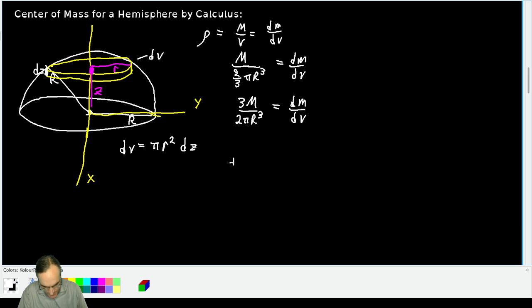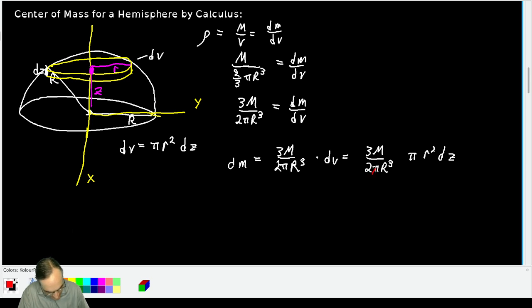All right, so that lets us write dm must be equal to 3M over 2 pi big R cubed times dv, which is going to be 3M over 2 pi big R cubed times pi times little r squared times dz. And we can cancel that pi out. All right, so dm will be 3 big M r squared dz all over 2 big R cubed.